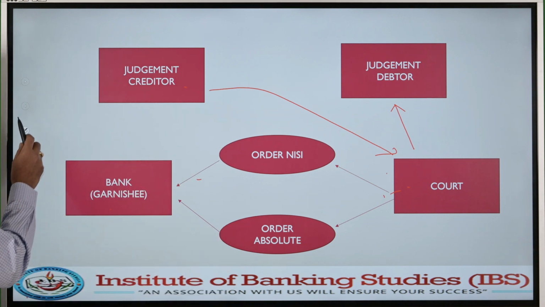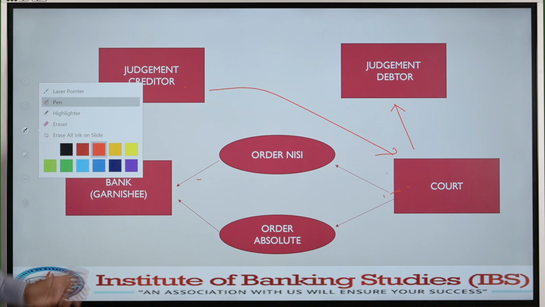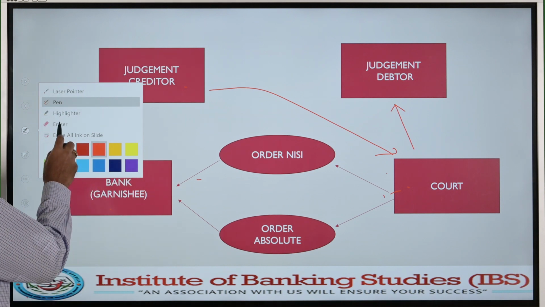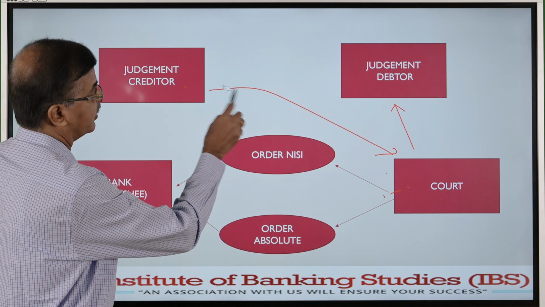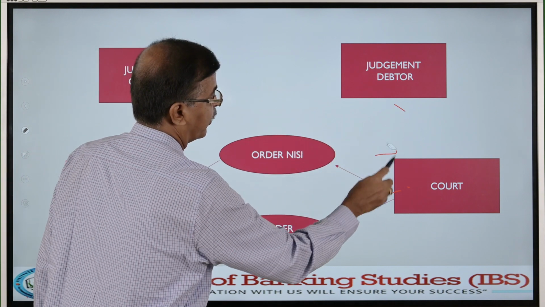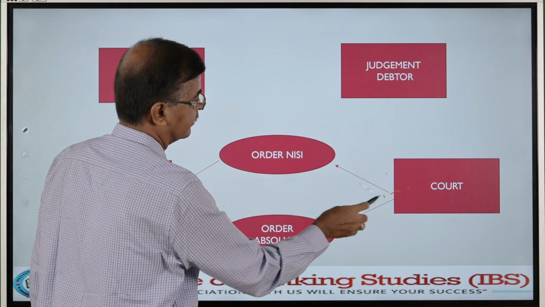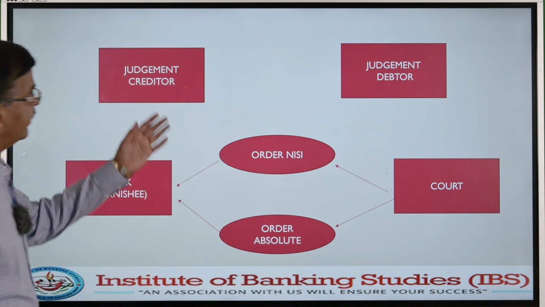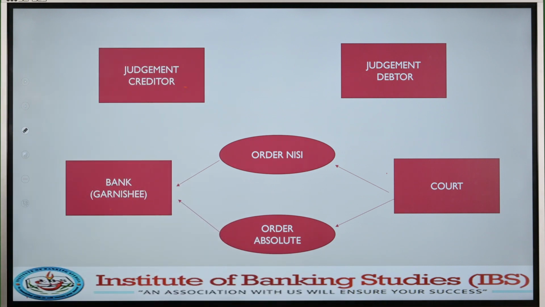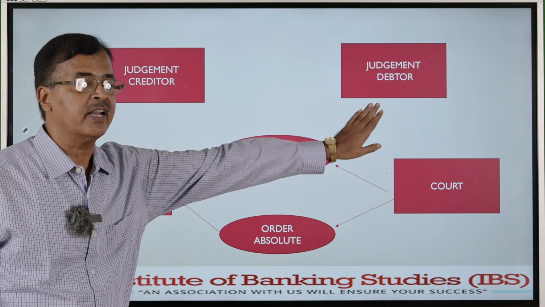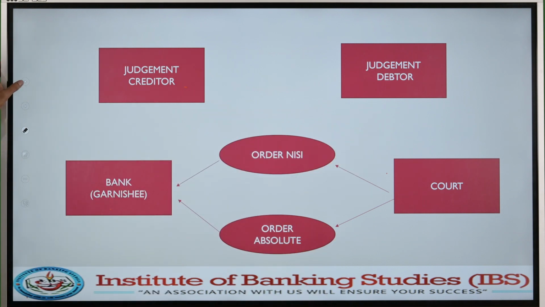This way, the garnishee order will apply. We will see certain provisions in this garnishee order. Here we call the creditor a judgment creditor and the debtor a judgment debtor.